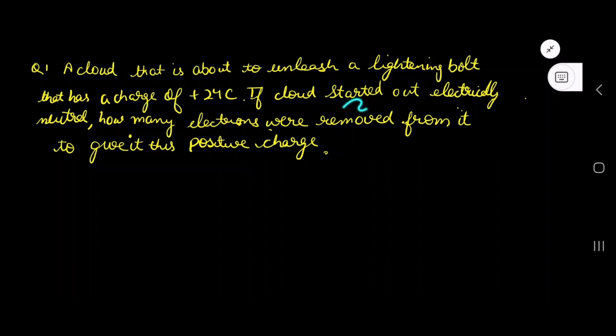So it was initially electrically neutral, and now it has 24 coulomb charge. If it has plus 24 coulomb charge, the charge developed on the cloud is plus 24 coulomb. That means the total charge of electrons removed is minus 24 coulomb, right?